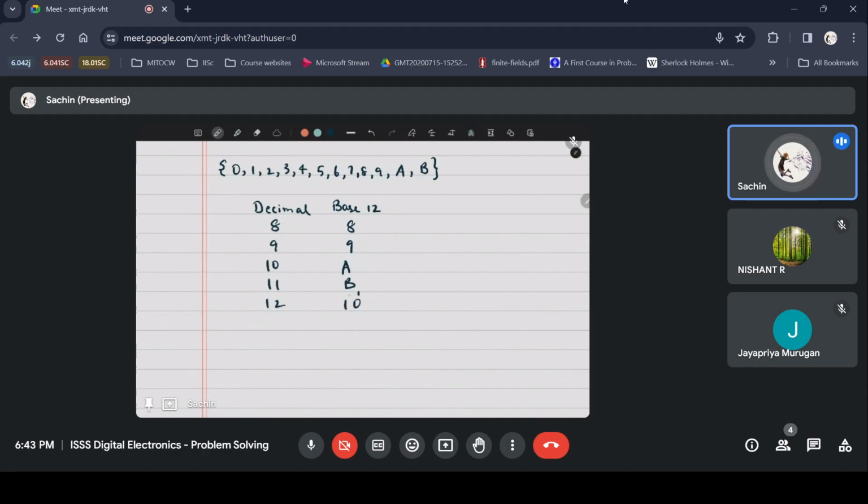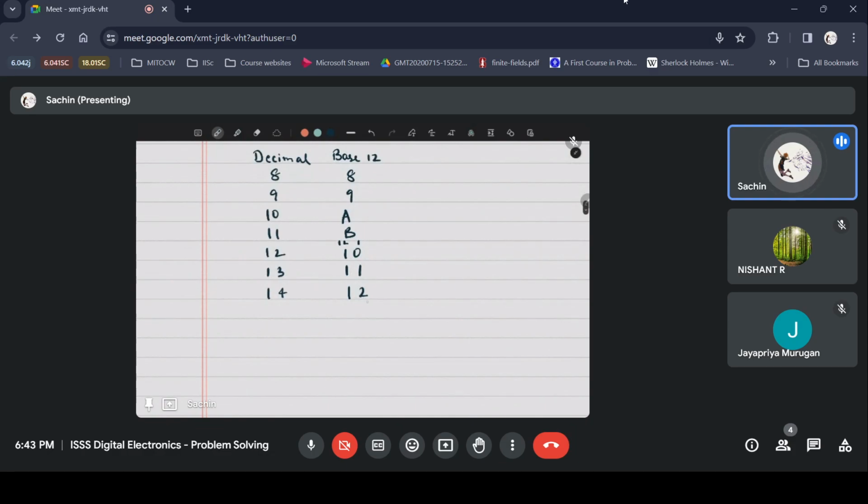So in base 12 the weights are 1 and 12. So it's 1 times 12 plus 0 times 1. It's 1 0. Again 13 will be 1 1, 14 1 2. This kind of change you would have seen in your car or vehicle's odometer, where the number of kilometers are counted. So the LSB will be incremented by 1, say for every 100 meters or for every meter.